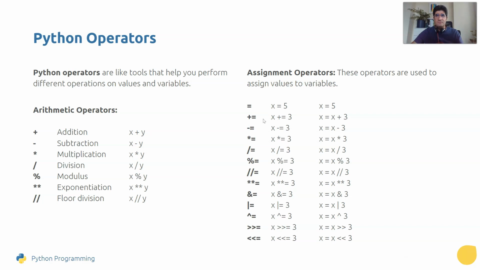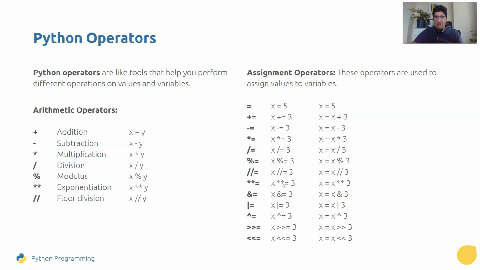We have plus equal. Those kinds of assignments are shorthand. Instead of writing x equal x plus 3, you can write x plus equal 3. In fact, it's easier, especially if your variable name is long, it will save you time during typing, and it's easier to remember.